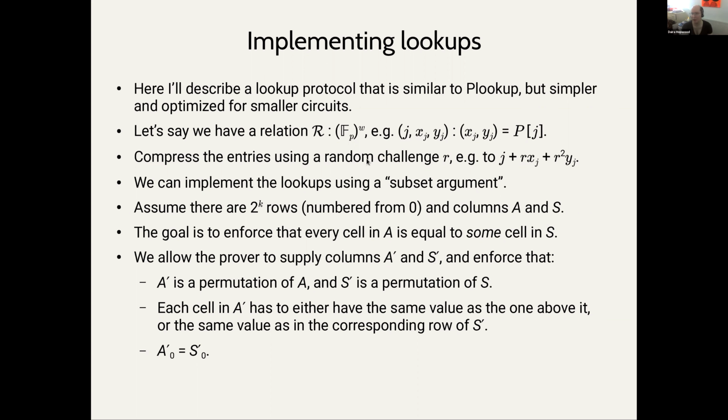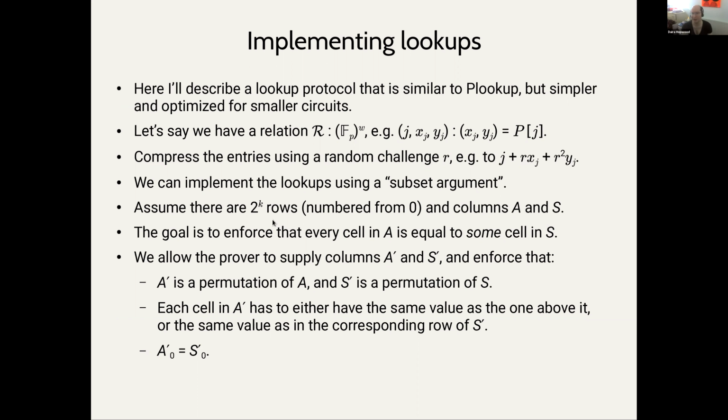And then we can compress these 3 values into a single value just using a random challenge. This is a very commonly used technique that we use in Plonk as well. So we've reduced the problem of doing a lookup to showing that this compressed value is in a table.